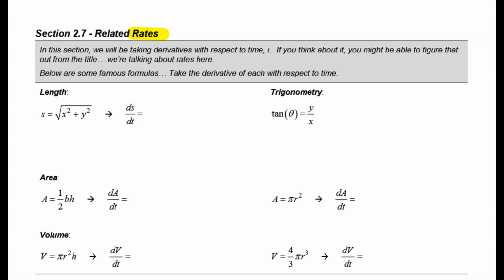Before I go ahead and rip through these, I do want to make a couple quick comments, just to build on what we've done in previous sections. If you remember in section 2.4, we discussed the chain rule, and the chain rule is how we take the derivative of a composite function. And then in section 2.5, we talked about implicit differentiation.